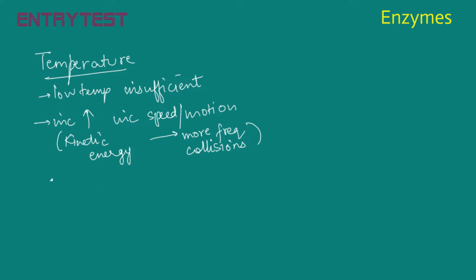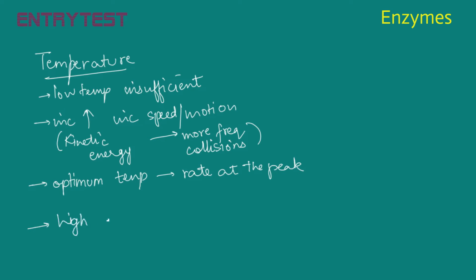At an optimal temperature, which is different for different enzymes, the rate is going to be at its peak. But if the temperature exceeds this too much, the enzyme stability will decrease.